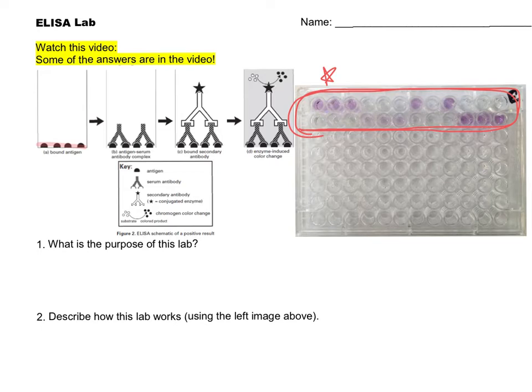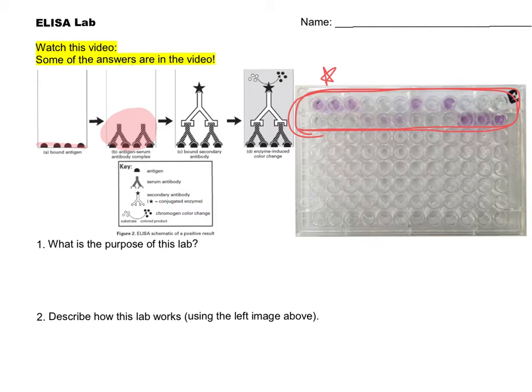Secondly, we are going to add a squirt of blood into each of those wells. The blood may contain antibodies. An antibody is a protein found in the blood that targets a specific pathogen.